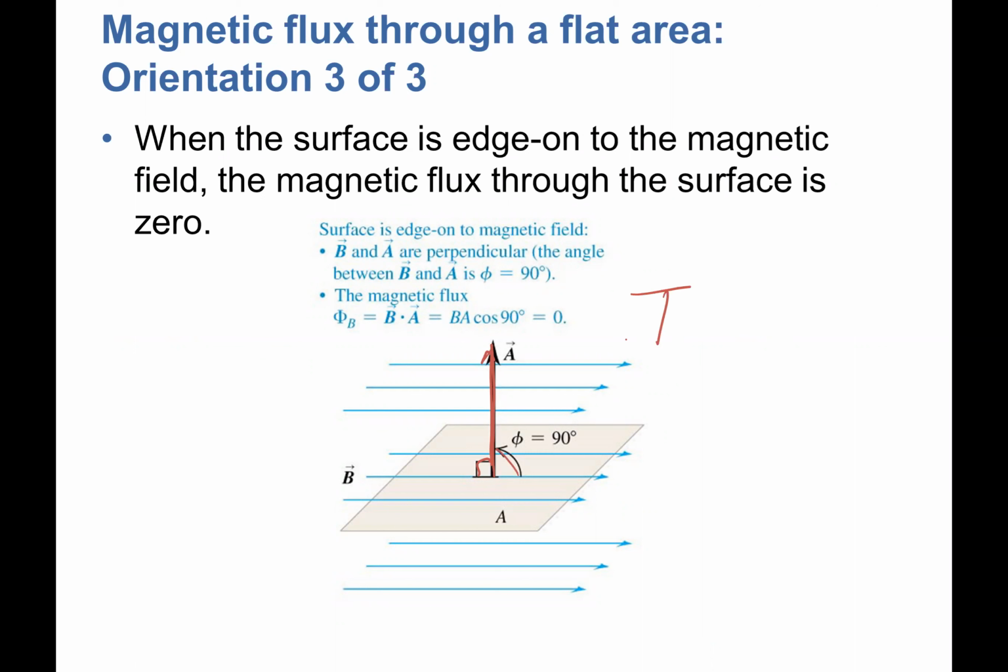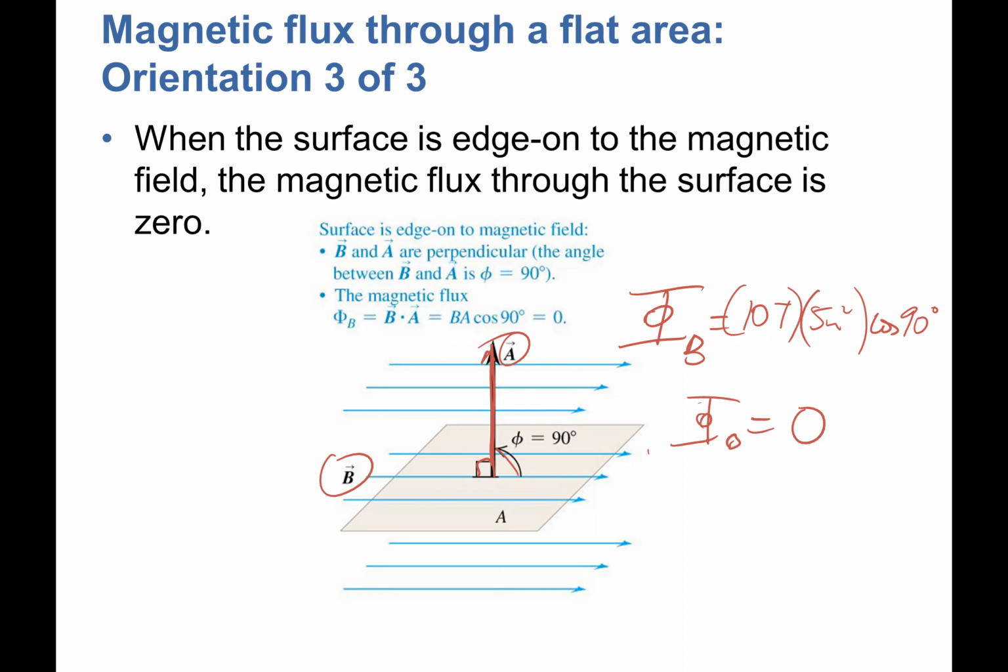That means when I'm calculating magnetic flux, it equals the same 10 Tesla for the magnetic field, 5 meters square for the area, then cosine of phi between the area vector and magnetic field vector. You can see they are perpendicular to one another, so cosine of 90 degrees. Then the magnetic flux in this case is 0.